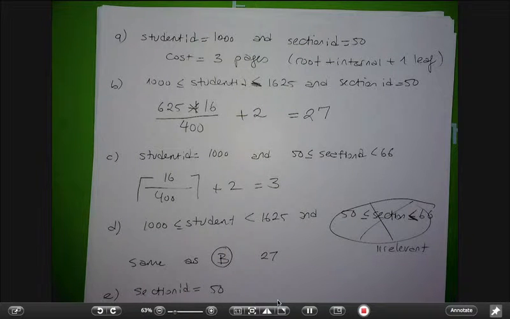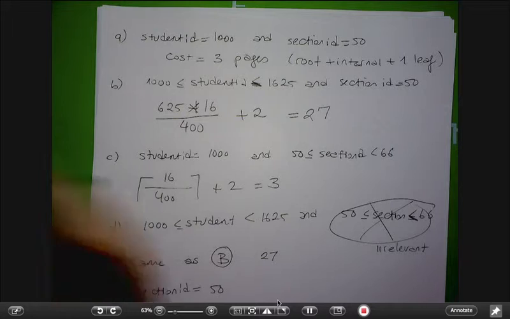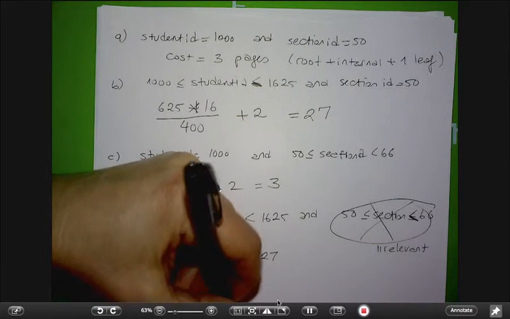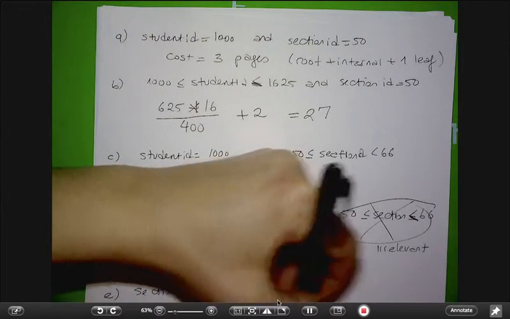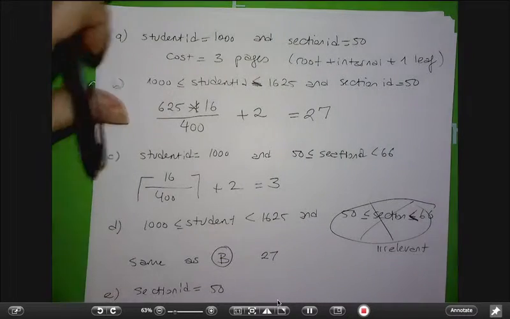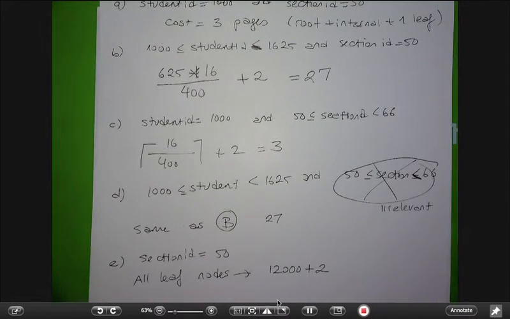I have to scan the whole leaf level, and then plus 2. So all leaf nodes. So basically this is 12,000 plus 2. Is that what I said? Yeah, 12,000.